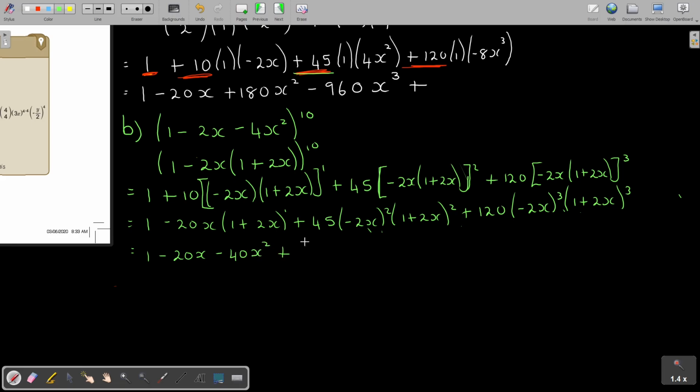Now this one, just be careful, this is squared, so let's first keep it. Then it's going to be 4x squared. If I multiply this out, remember it's squared, so I square the first one, I multiply the 2 with each other and with 2, so it's 4x plus 4x squared, close the bracket, plus the 120, this becomes negative 8x to the power of 3.